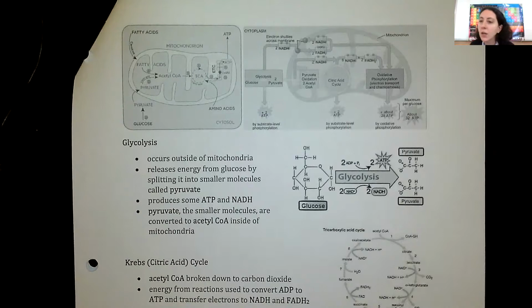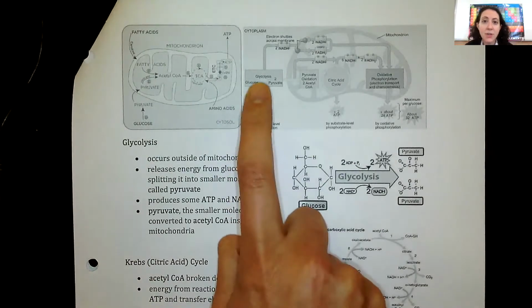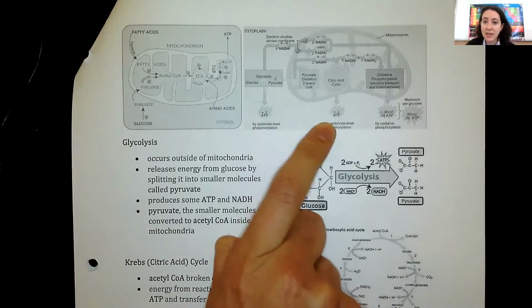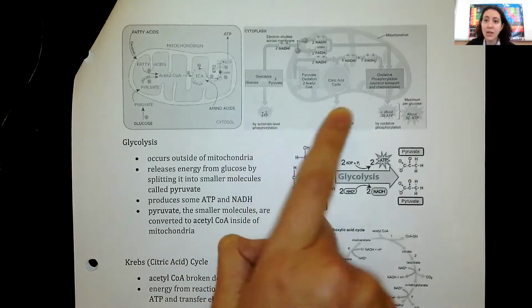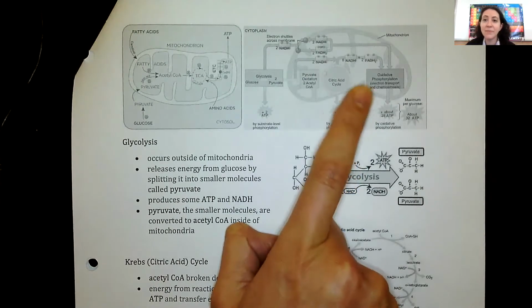Okay, so the overall mechanism: this keeps track of where the ATP comes from. Glycolysis and the citric acid cycle can each make 2 ATP, but the vast majority comes from oxidative phosphorylation, that's 28.